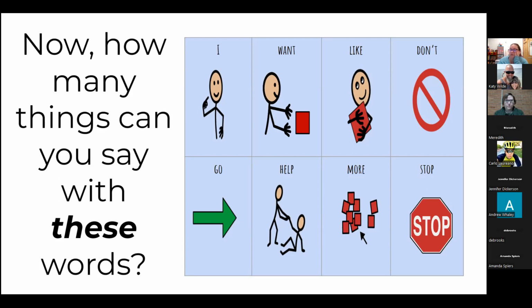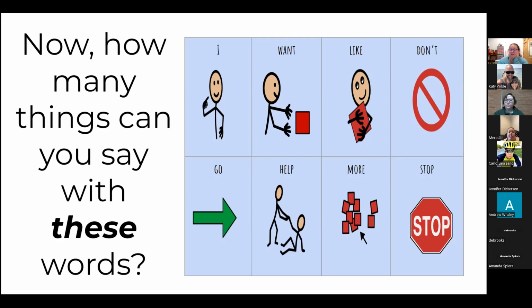So, any thoughts on numbers of sentences or phrases, or any observations on the differences between the 2 communication boards? These are far more abstract words and concepts than the concrete ones.